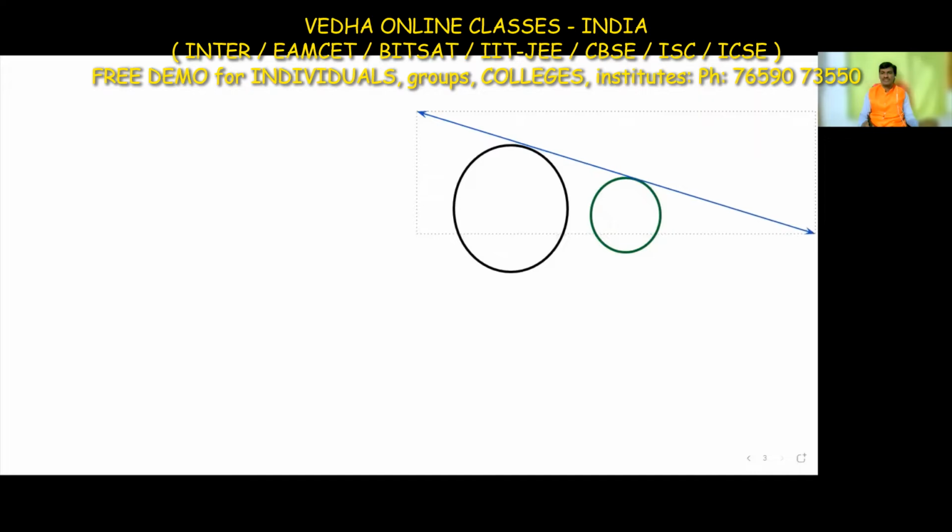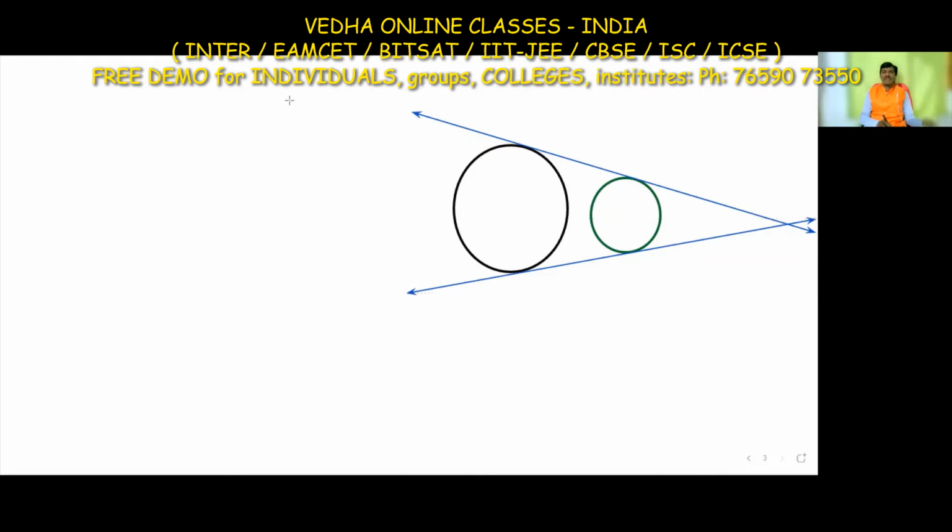I am taking like this, and this is one more line. So these two are the direct common tangents. For these common tangents, both the circles are on one side. So they are direct common tangents.